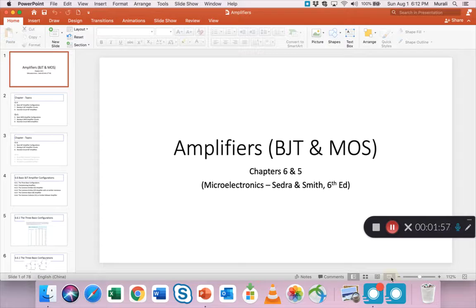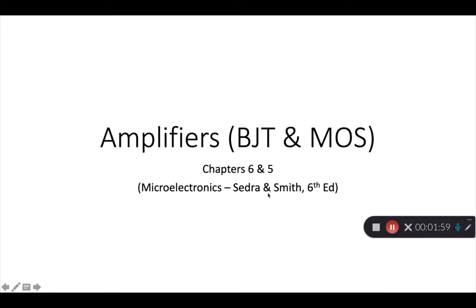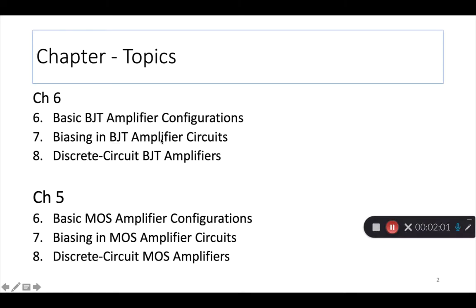Let me expand this. So I will cover sections 6, 7, 8 from chapter 6 and 6, 7, 8 from chapter 5. This is MOS stuff and this is BJT stuff. You'll find that a lot of the material is similar in how it's covered in the textbook.